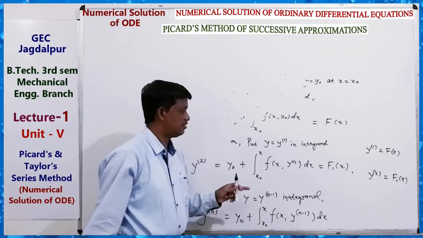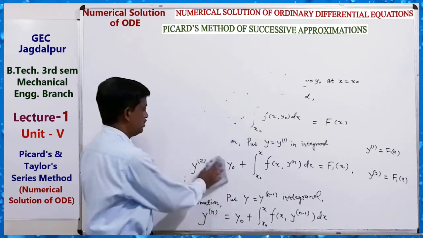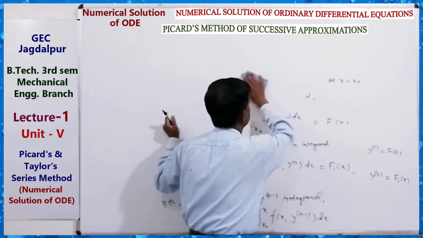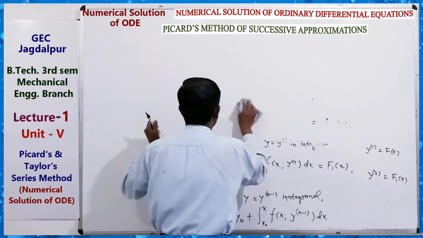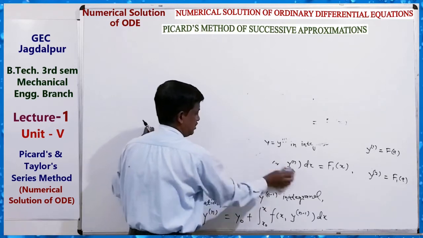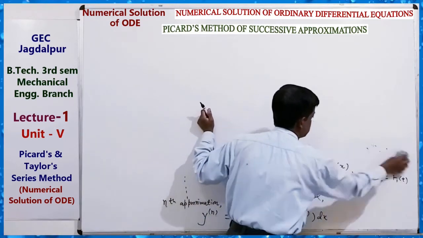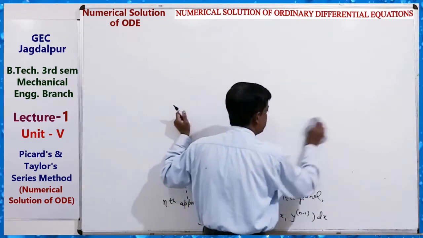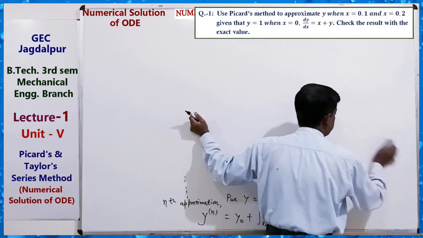Here we see that the value of y approximation we get as a series in x. It means the value of y is a series in terms of x, because it is a function of x as a series, and by putting a particular value of x, we can get the value of y.